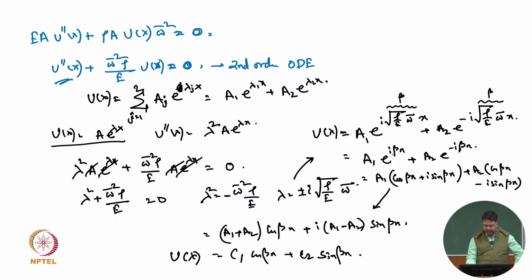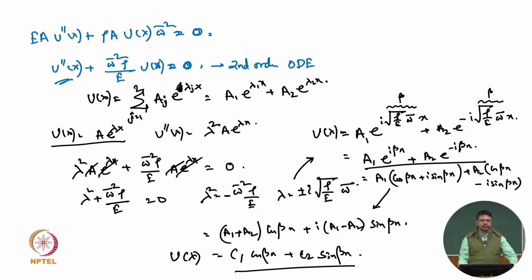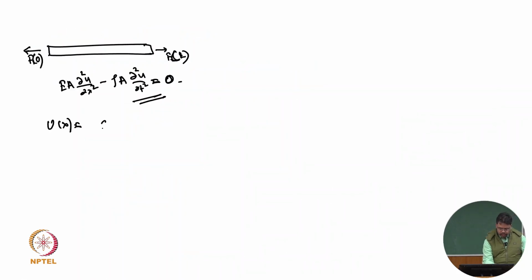You can write either A1 e to the power of beta x, which is also okay, or the bottom one. Okay, so C1 cos beta x plus C2 sin beta x. This looks better, no complex terms. Sin cos is much more familiar. And beta is what?